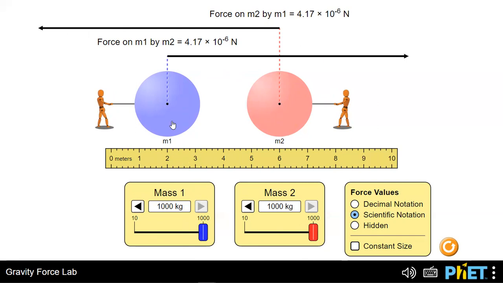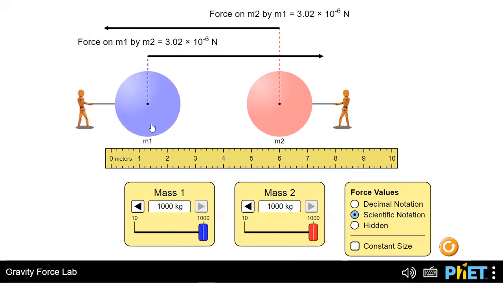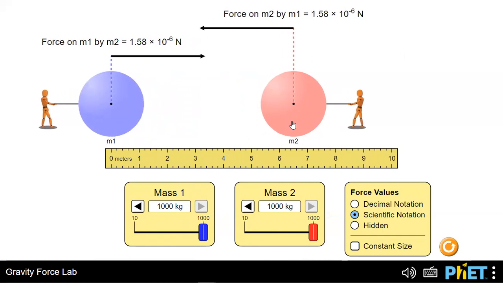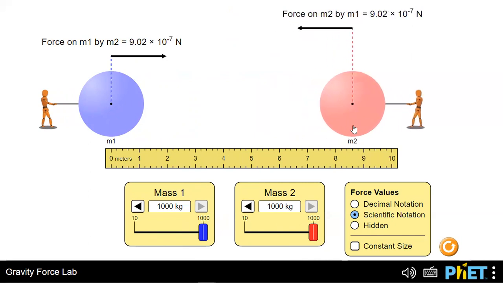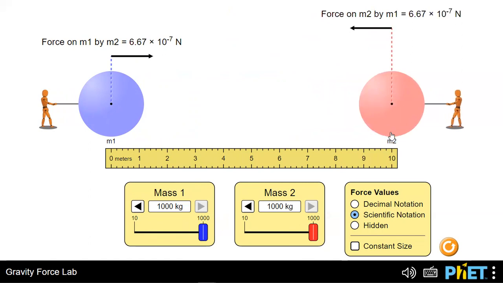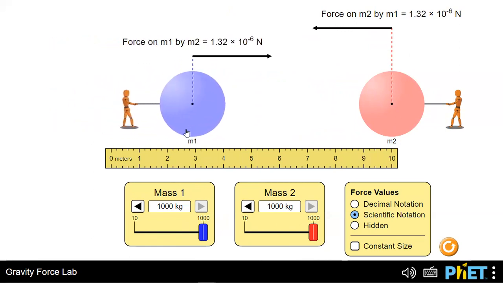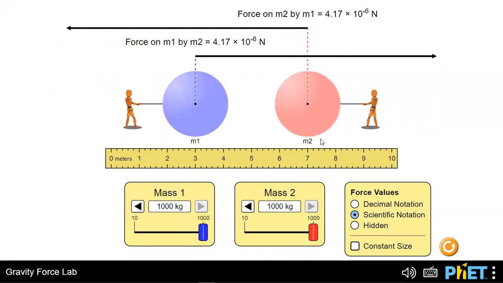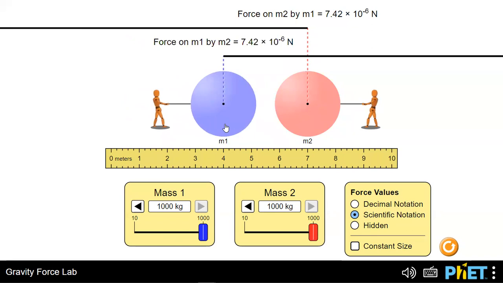Now, if we are going to move our objects, we will notice that something is happening to the amount of force between the two objects. If we make them near each other, you will notice as well that there are changes happening between the two objects.